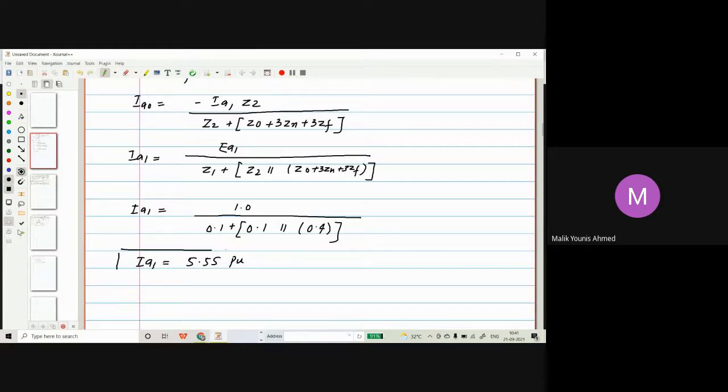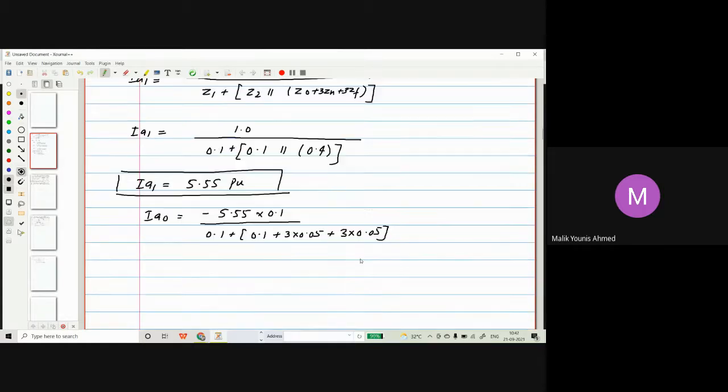So this is the expression for IA1, and this is the value you are getting. Similarly, you can obtain IA naught also. IA naught is minus 5.55 into Z2, that is 0.1, divided by 0.1 plus 0.1 plus 3 into 0.05 plus 3 into 0.05.